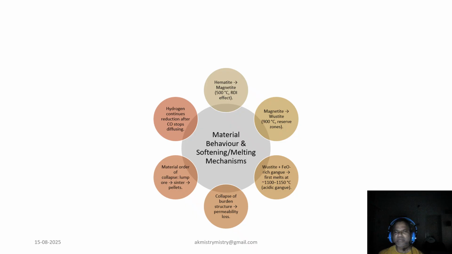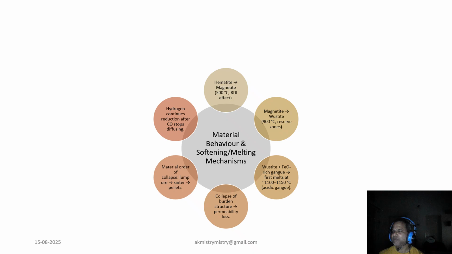Now coming to the material behavior and softening. Let's have a look at how material behaves in the cohesive zone. Hematite first reduces to magnetite around 500 degrees centigrade, which affects the reduction degradation index. Magnetite then reduces to wustite at about 900 degrees centigrade, and wustite combined with FeO rich gangue begins melting at 1100 to 1150 degrees centigrade, especially in acidic gangue.